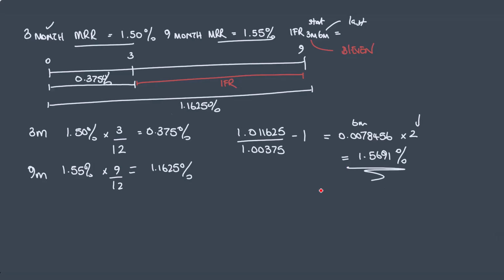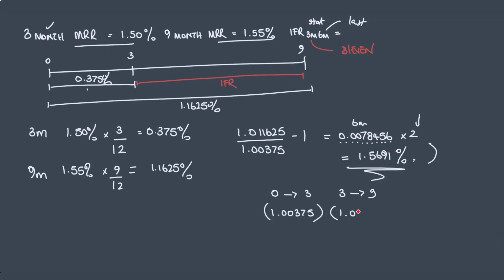To go back and check that that makes sense, plug it back in. Try and find out what you get from investing 0 to 3 and then from 3 to 9. Well, we said 0 to 3, you get 0.375, so 1.00375 for that period. Multiply that by 1 plus the rate we just got. Remember, for 6 months, it was that. This is the annualized, so if you wanted to de-annualize, divide by 2.